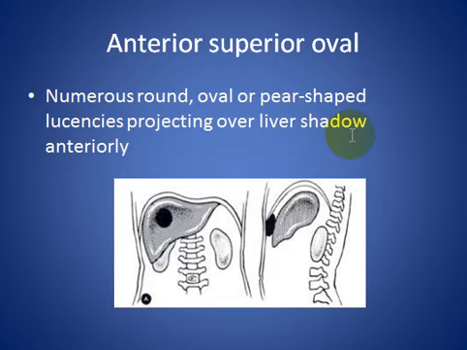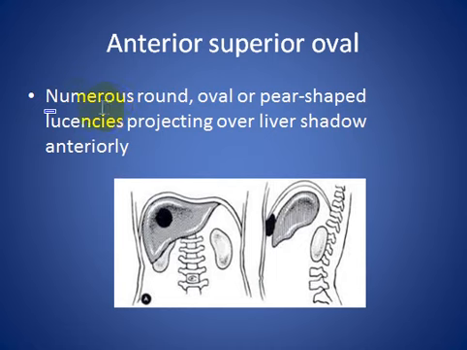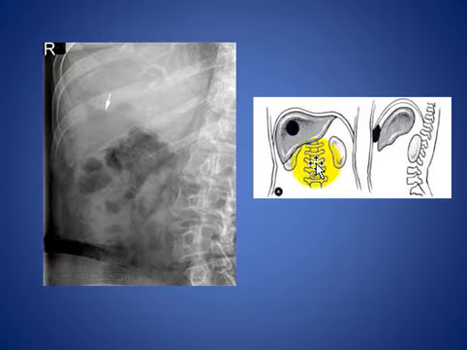Anterior superior oval sign: we see numerous round, oval or pear-shaped lucencies projecting over the liver shadow anteriorly. As in this patient, we have geographic air over the liver anteriorly, as we see in the sketch here.